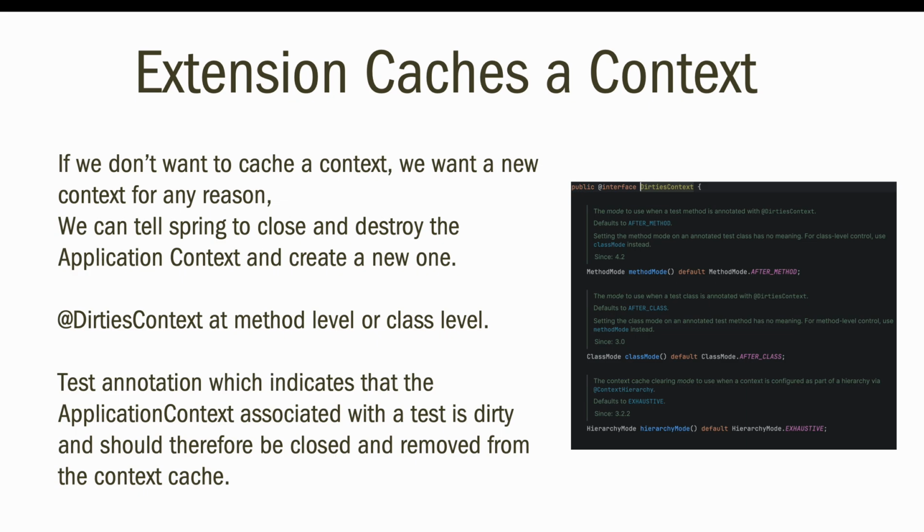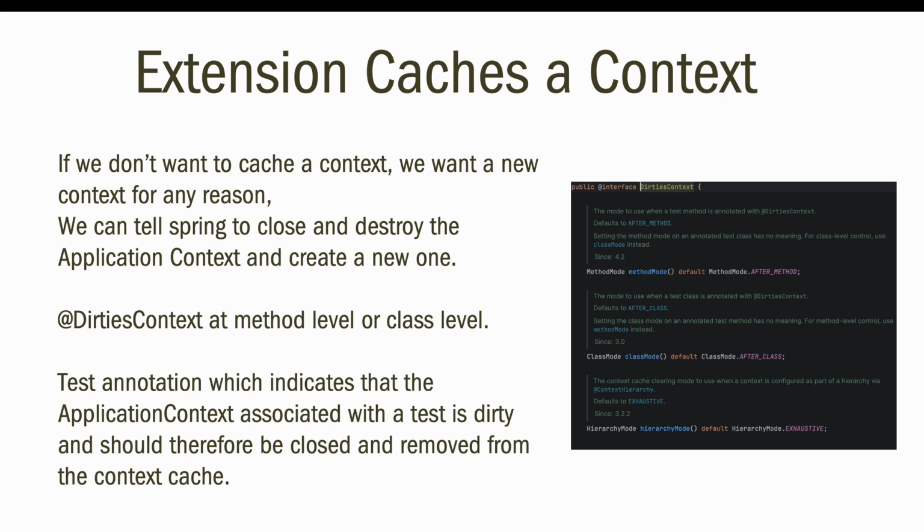But if you do not want to cache a context, if you want a new context for each test method, or for one of the test methods, we can tell Spring to close and destroy the test context or the application context. You might have realized that I use application context and test context interchangeably in the text. When I say application context, I mean a test context.